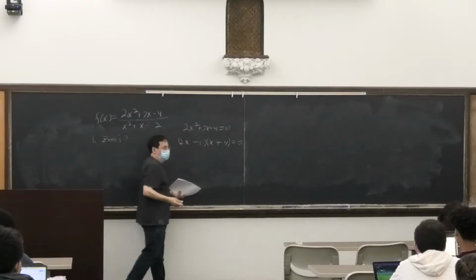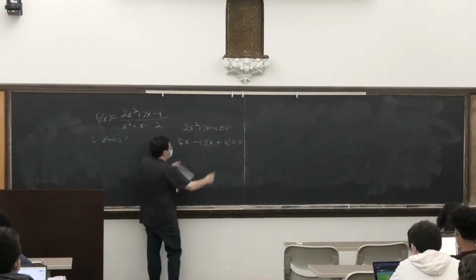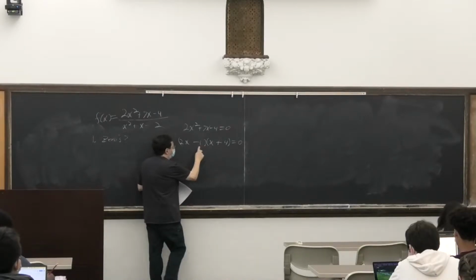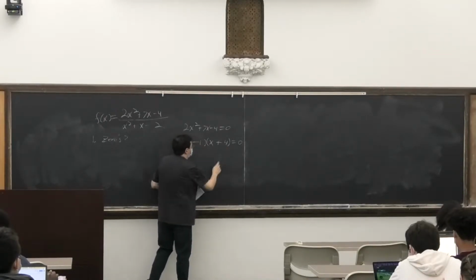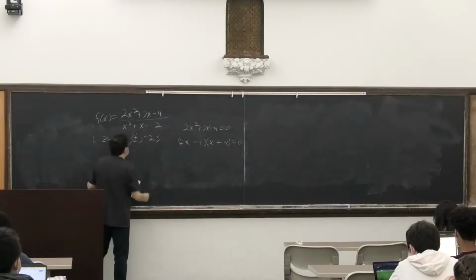This is reverse FOIL. 8 minus 1 is 7. That's all I really need to know, because I set these up. So the roots are what? 1/2 and negative 2. Okay, it's a good start.